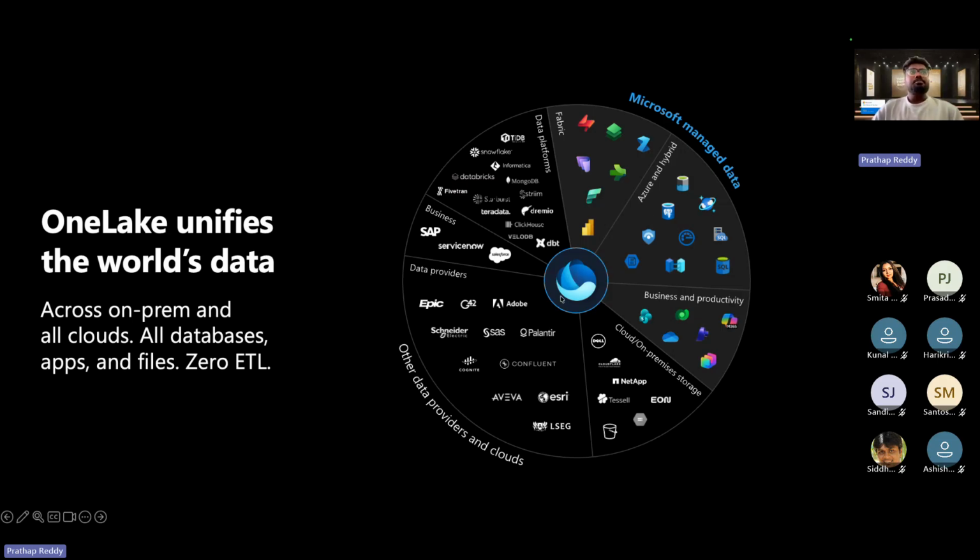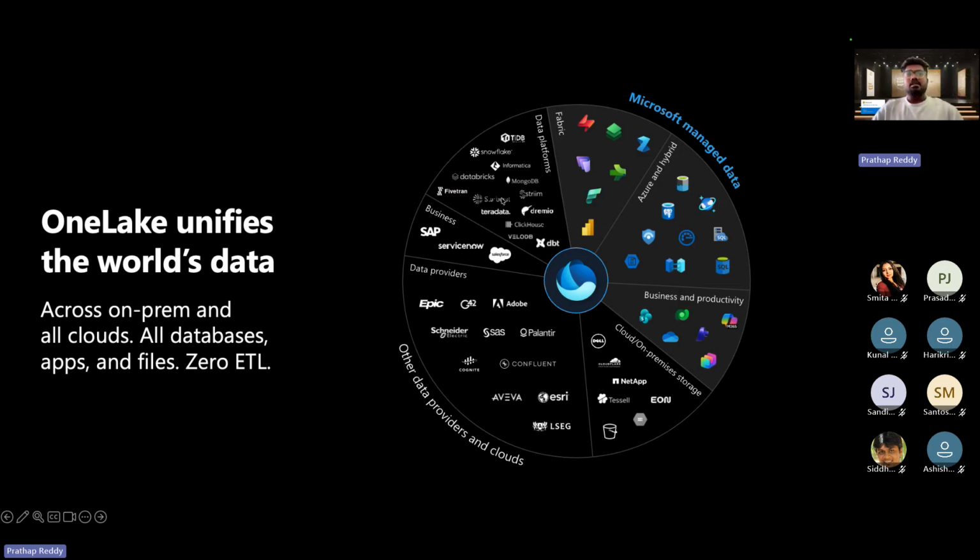And moreover, we have Fabric data. So Fabric has real-time intelligence and Fabric IQ and Dynamics and everything, Power BI. So all this data is landed on this one. And data platforms like Snowflake too, all the data providers like Databricks, Informatica, MongoDB. These are the major providers of the data platform. So this one unifies everything: business, data providers, cloud, on-prem, business productivity, Azure and hybrid, Fabric, and data platforms.